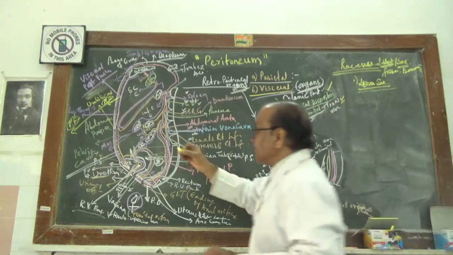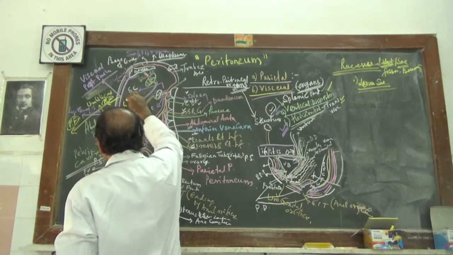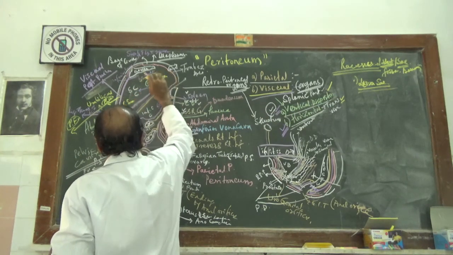So that is called the greater sac. This is the greater sac, this is the lesser sac.